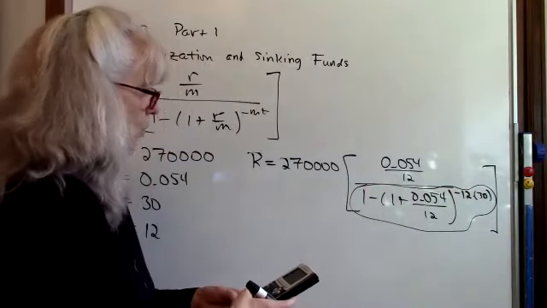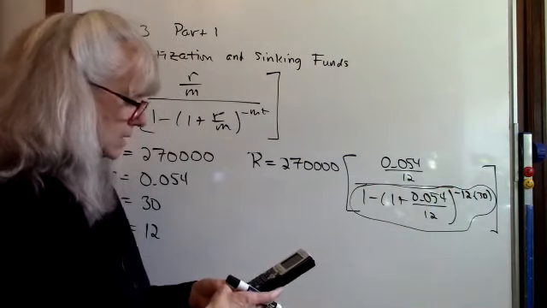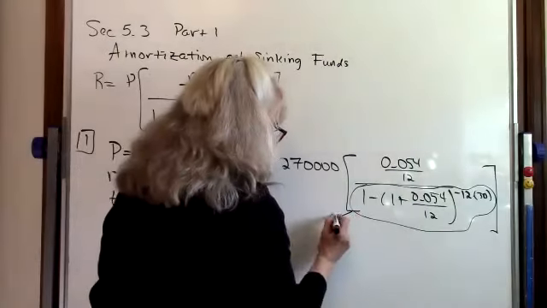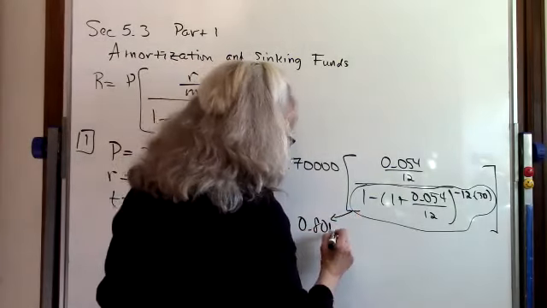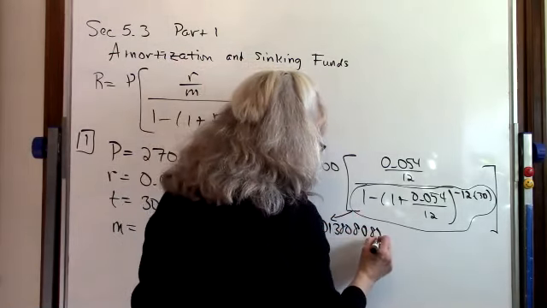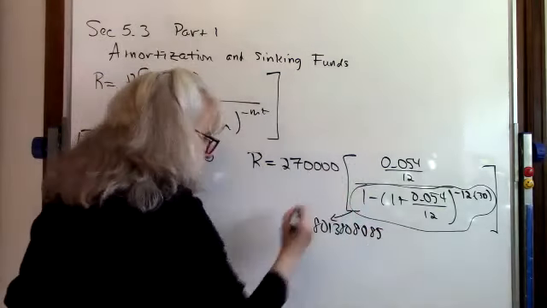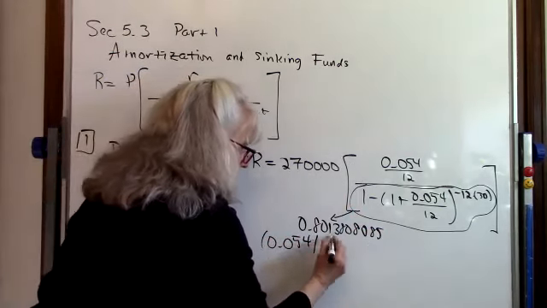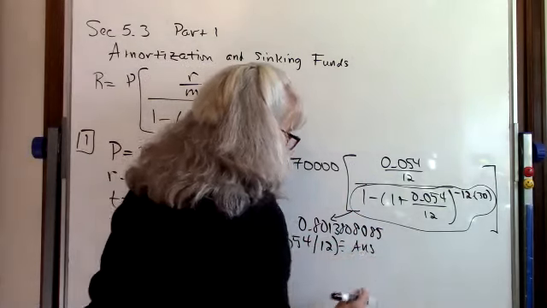So 1 minus, and then the 1 plus 0.054 divided by 12 inside parentheses raised to the negative 12 times 30. If you do that, that denominator comes out to be 0.80138808085. Now, without clearing the calculator, you're going to type in what's in the numerator in a set of parentheses, 0.054 divided by 12, divided by the answer we just got.